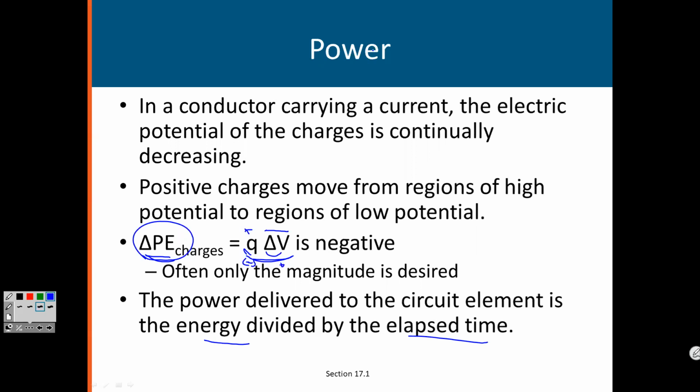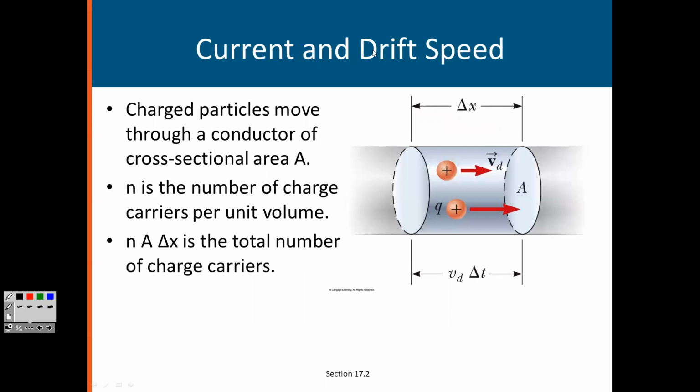We have defined power in mechanics as energy divided by time. It is the same concept here. The power is how fast the energy is being delivered. We'll come back to the power later at the end of the chapter.